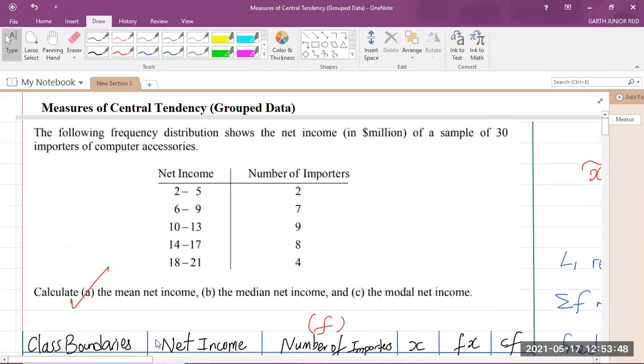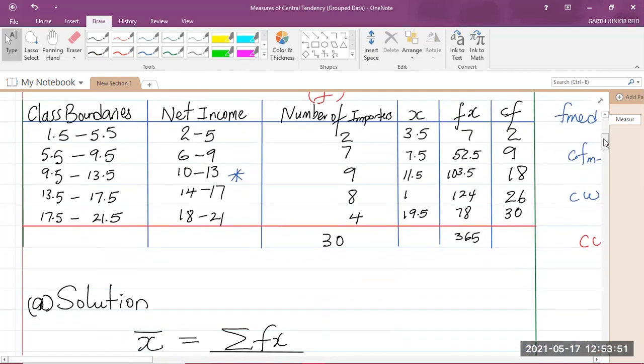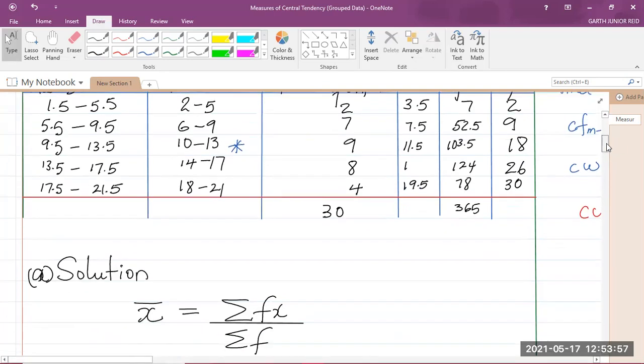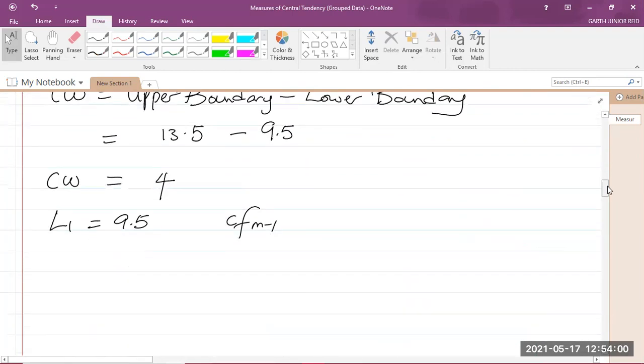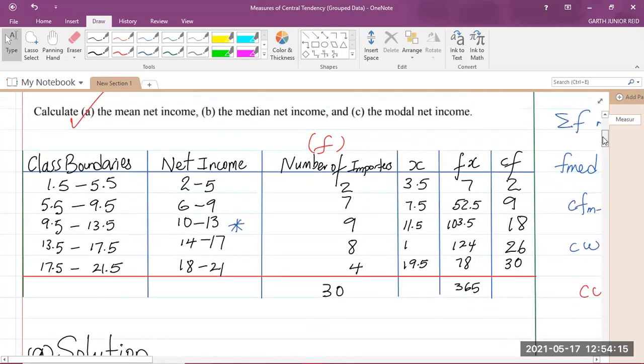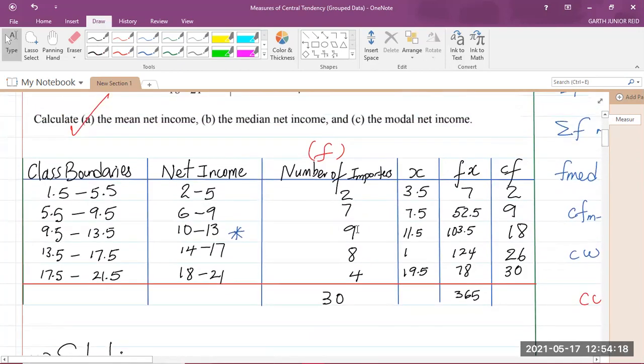So the cumulative frequency before the median class would be 9, right? This 9 right here, before the 18, okay? So this is equal to 9, all right? And we're now going to find the frequency of the median class, which you know is 9 also, all right? Let's look at it. The frequency of the median class, this 9 right here, all right?